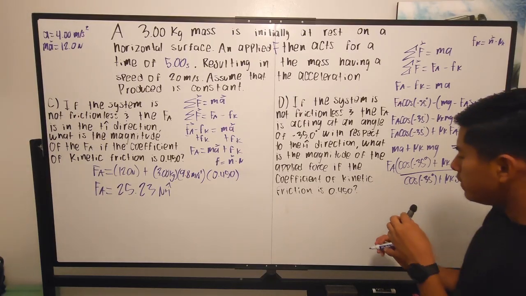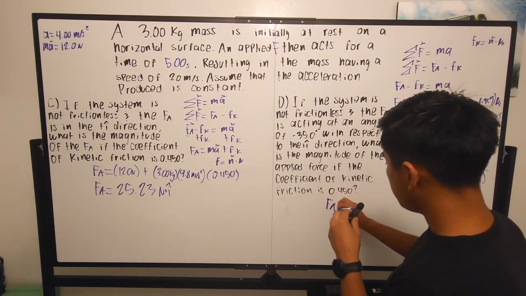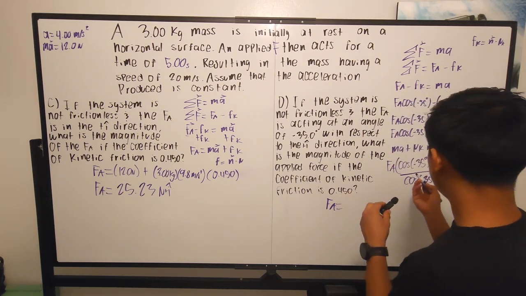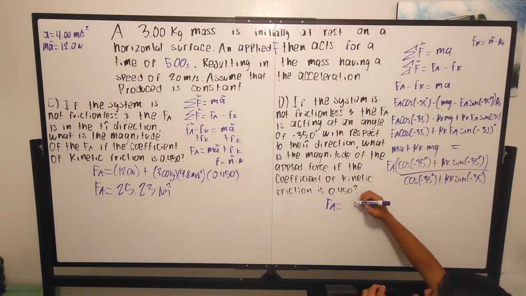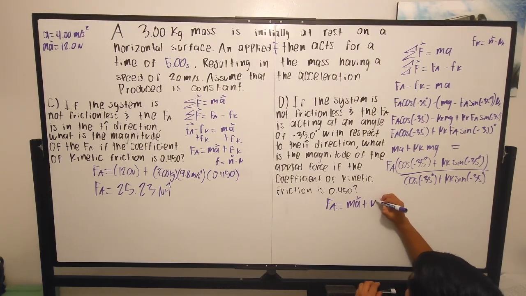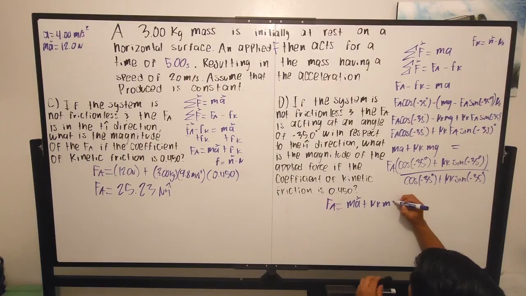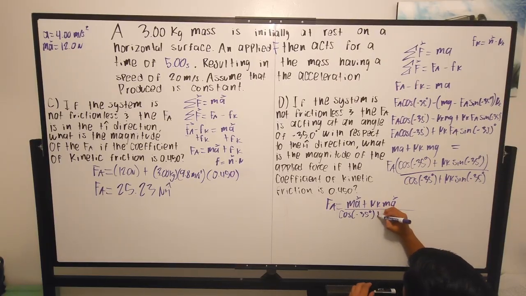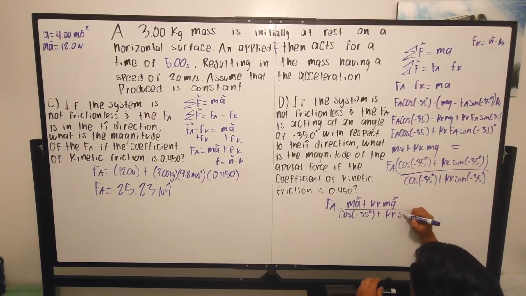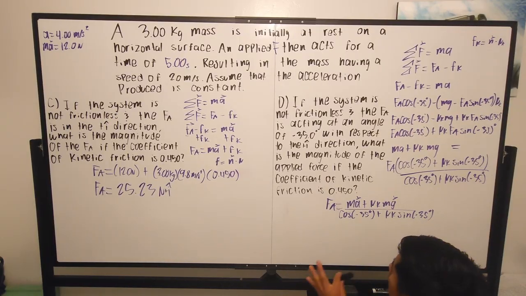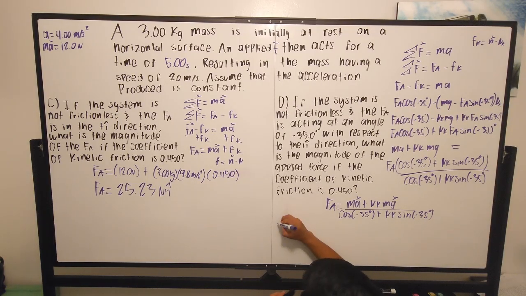So then ultimately you'll have that the force applied is equal to the mass times the acceleration plus mu k times mg all over the cosine of negative 35 degrees plus mu k sine of negative 35 degrees. And we have all of these variables, so we could go ahead and write all of that out.